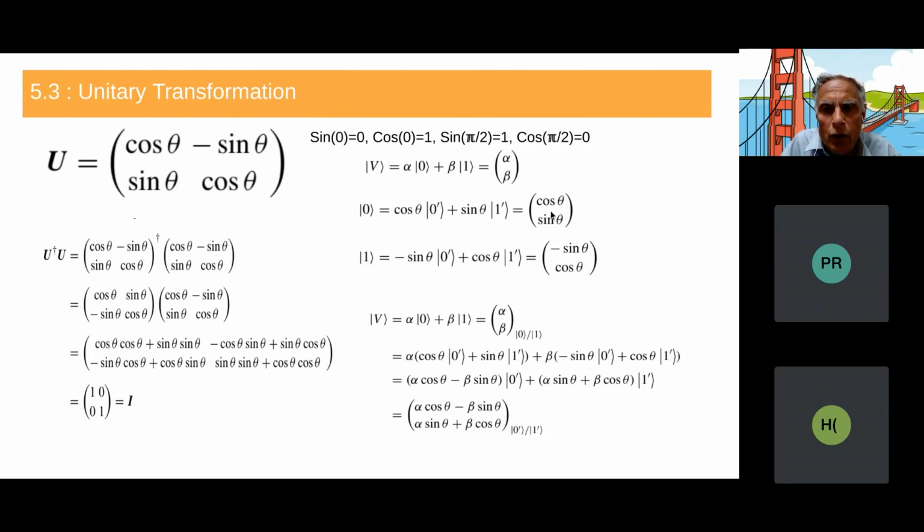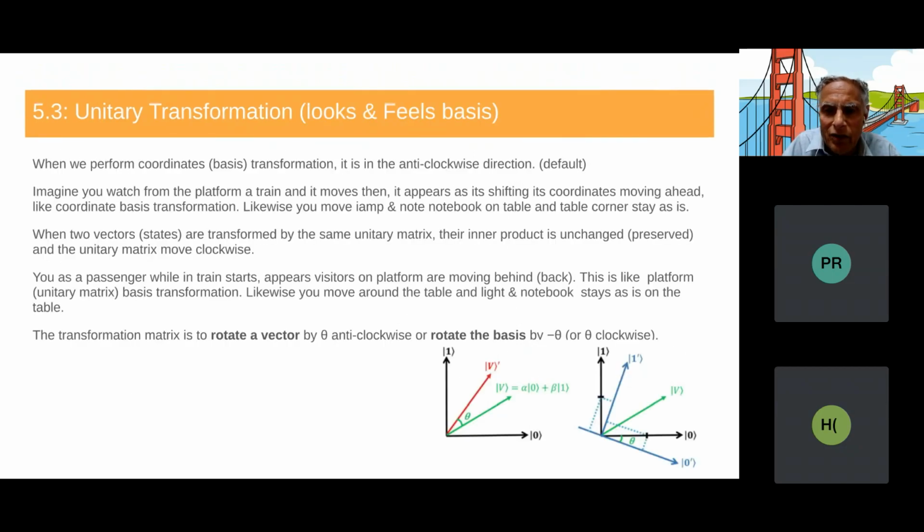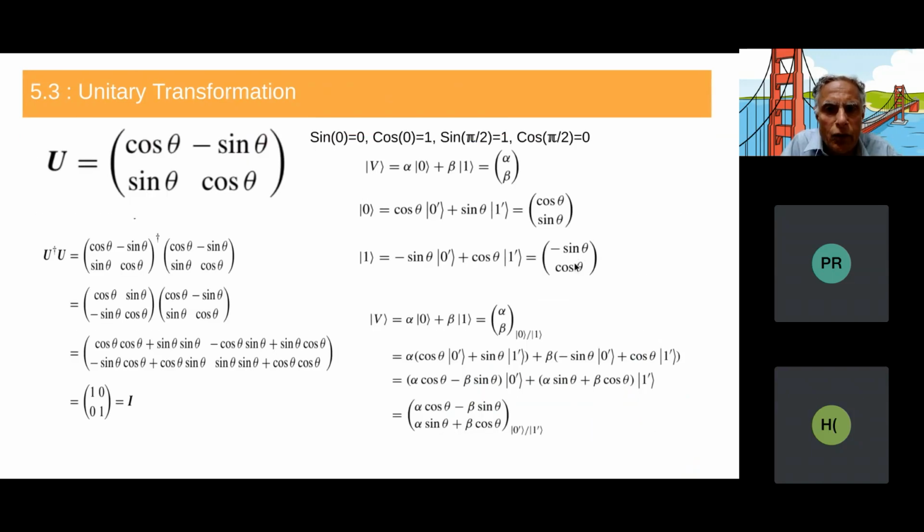In this case we have alpha, beta for ket 0 as cos theta, sin theta, and for ket 1, which is spin up, spin down, it is minus sin theta. Why that minus is very clear: this is going down. If it was clockwise, it would be plus. So this is plus, but this is minus. Therefore the minus term comes in here.